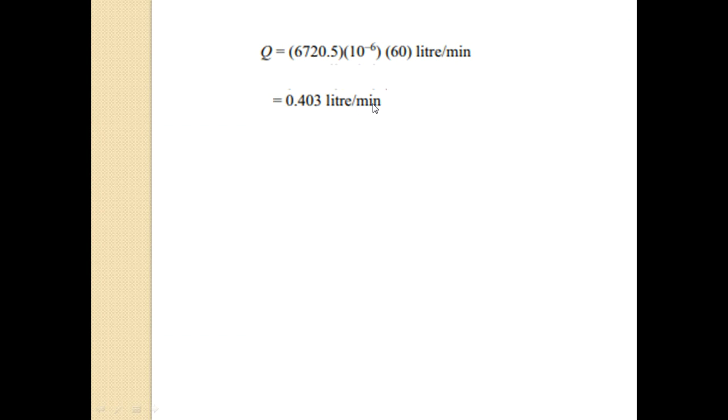First we convert into centimeter cube per second, but they want liter per minute. So we found liter per second, and afterwards we found this value in liter per minute. So Q is equal to 0.403 liter per minute. So that is the flow. That means 0.4 liter per minute the flow will be there.